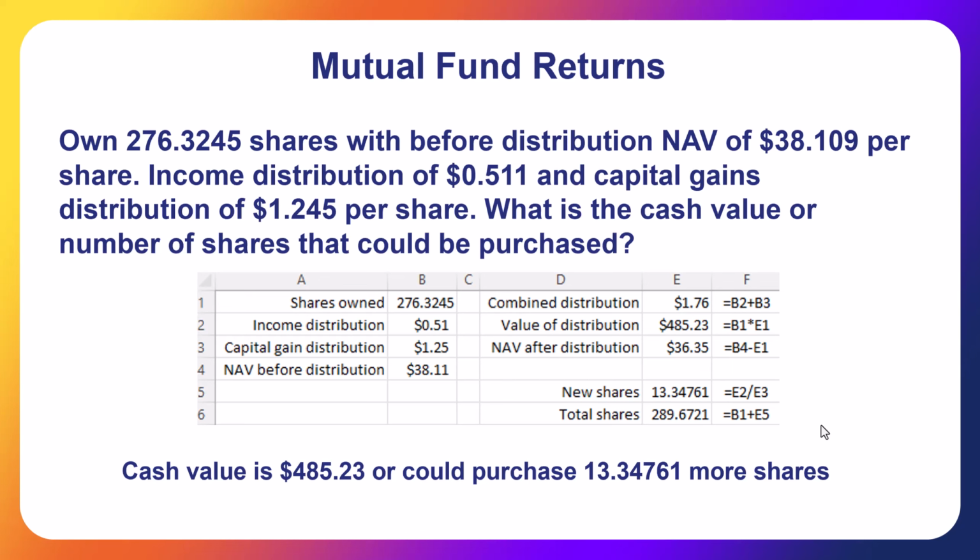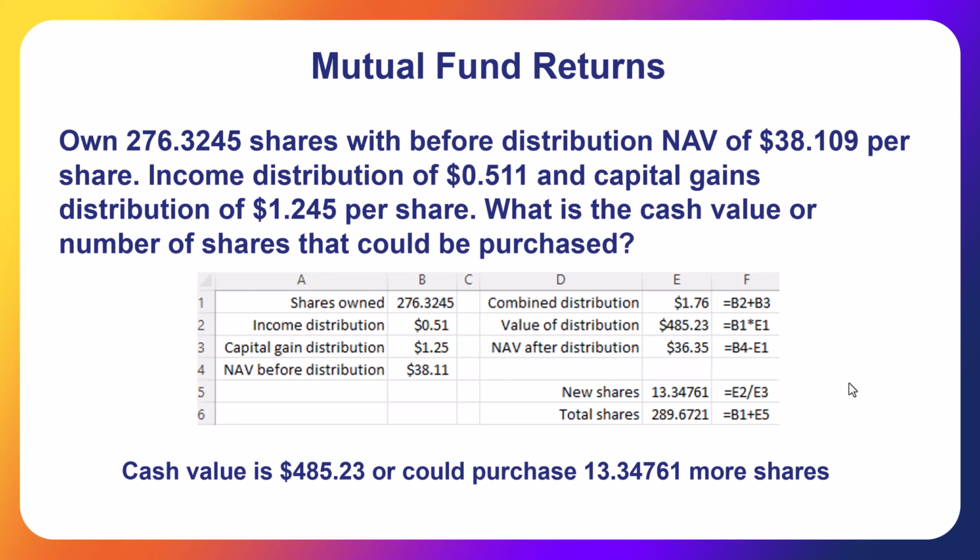So again, the question here for us to understand why mutual funds are so important is that these distributions, this $1.76 distribution per share, that is done automatically. That is the compound return that you get when you invest in mutual funds.